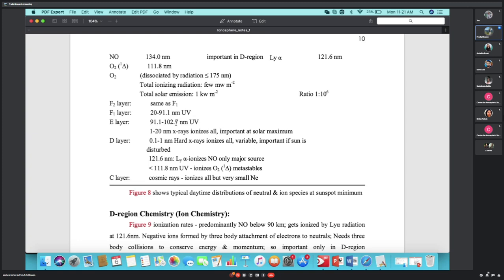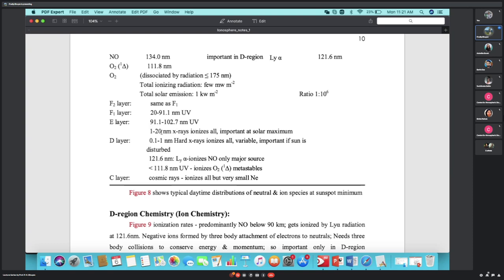All this is from 20 to 1027. So in the E layer, it is 91.1 to 107 nm UV, as well as X-rays below 20.